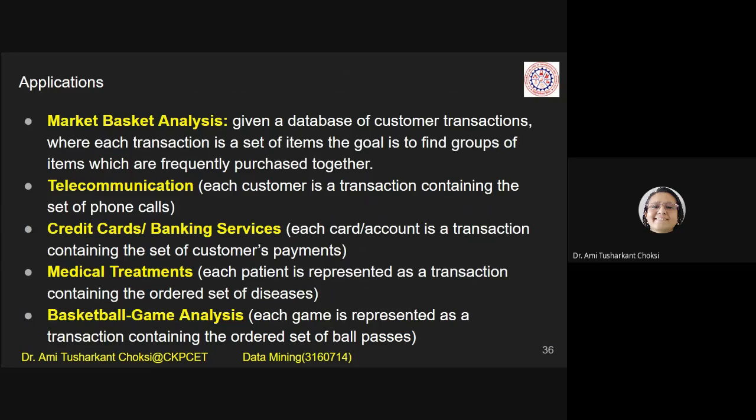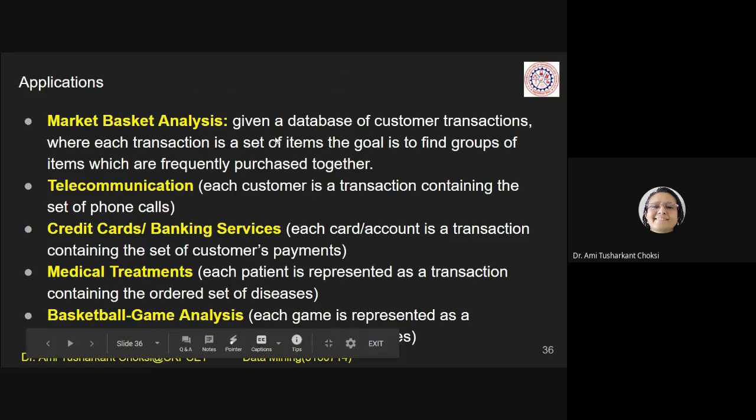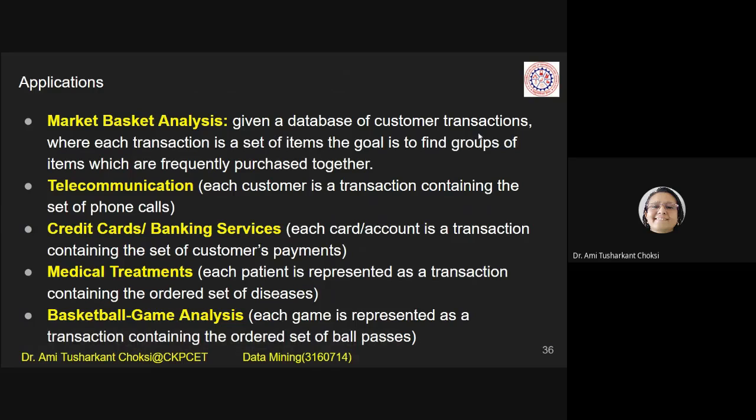Any concept, if the real world example is there, we can understand it very easily and clearly, isn't it? So for market basket analysis, what do we say? Given a database of customer transactions where each transaction is a set of items, the goal is to find groups of items which are frequently purchased together. Fine.